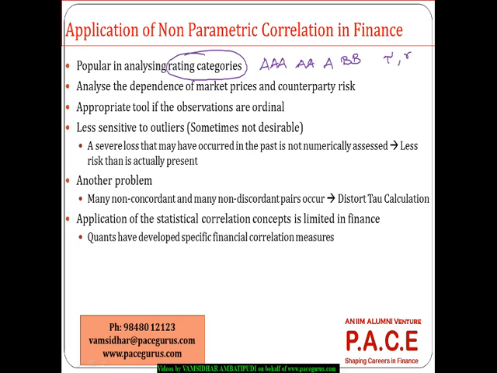So they are very much applicable for analyzing the rating categories. They are used in understanding the dependency of the market prices with respect to the counterparty risk. Wherever the observations are more and more ordinal in nature, they are better to use. But they are less sensitive to outliers. Sometimes it's a good thing, sometimes it is a limitation as well.